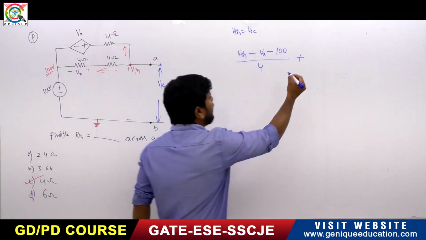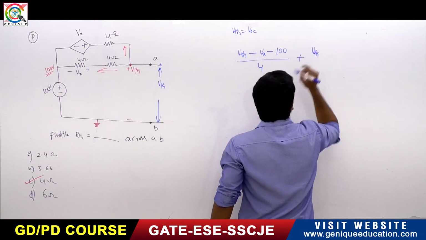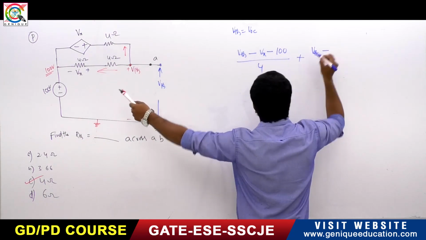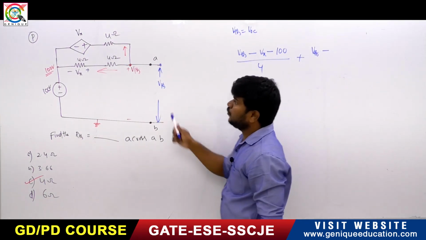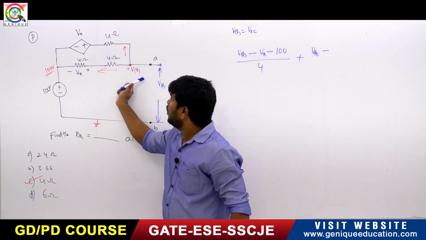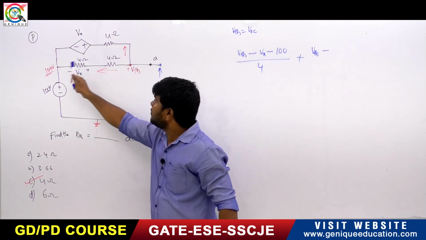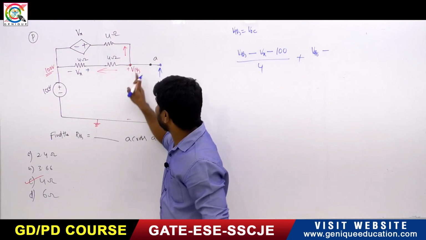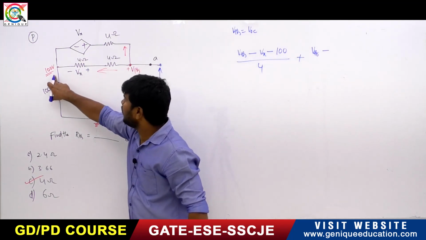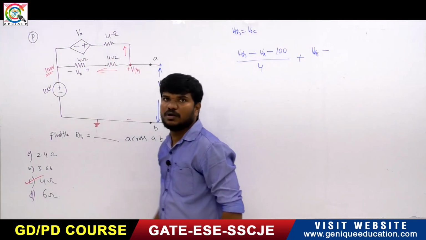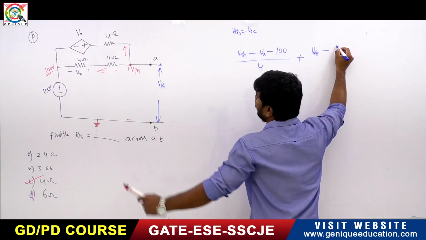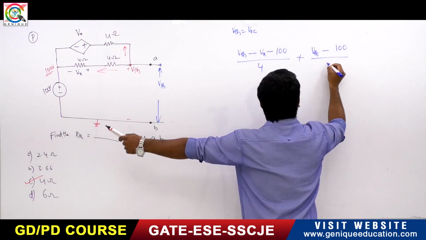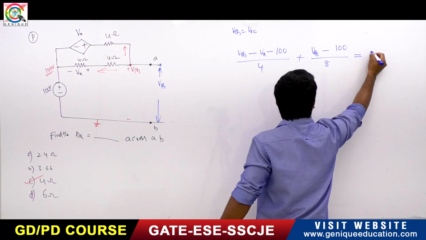So VTH minus 100 divided by this voltage minus this voltage divided by 4 plus 4, that is 8, is equal to 0.